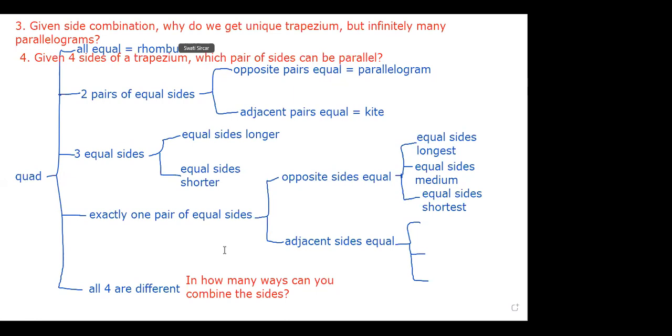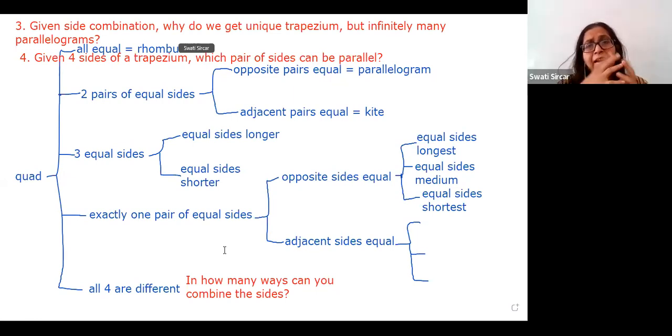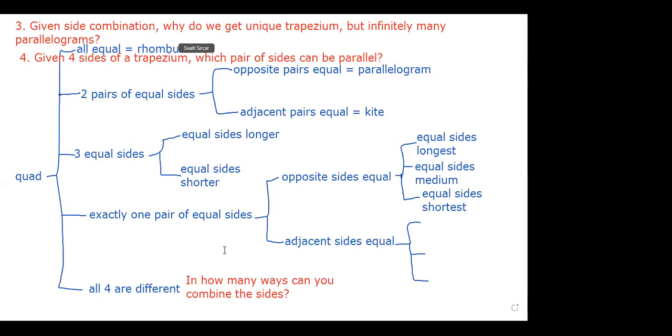Diagonals are not equal. Angles are also not equal to 90, ma'am. It can be. Nothing says that it cannot be. Ma'am, but if it is 90 degrees, then it will be a rectangle, no? Ma'am, it will not be a trapezium.